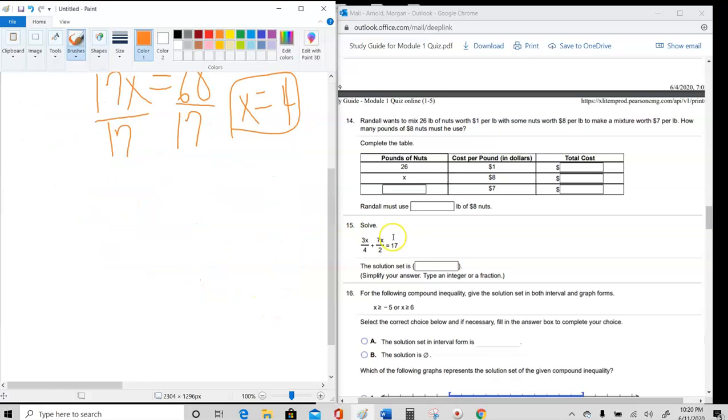Question 16. For the following compound inequality, give the solution set in both interval and graph forms. The first step, let's graph both of these on our number line, since there's nothing to solve really.